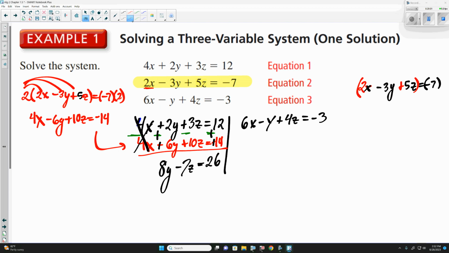Now we need the x to be what? 6x, yes? So what do we multiply 2x by to get it to be 6x? So we can distribute the 3. 3 times 2x is 6x. 3 times negative 3y is negative 9y. 3 times 5z is 15z. And 3 times negative 7 is negative 21.